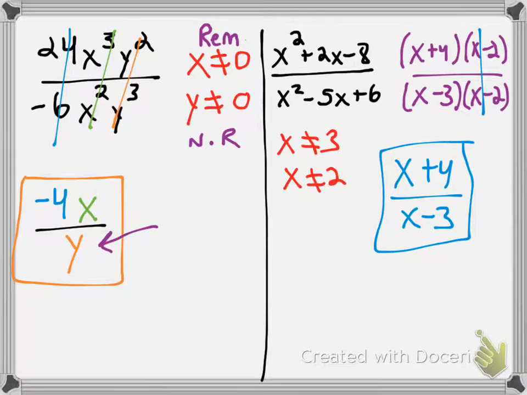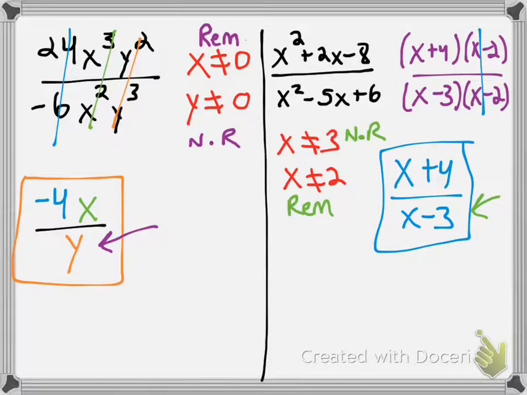Now we just have to label our zeros, or our restrictions rather. The x can't equal 2, that was removed, so it's a removable 0, whereas my x can't equal 3 remained, so it's non-removable.